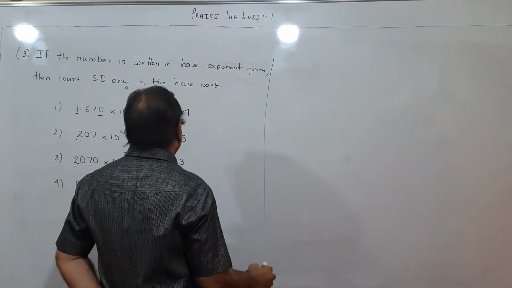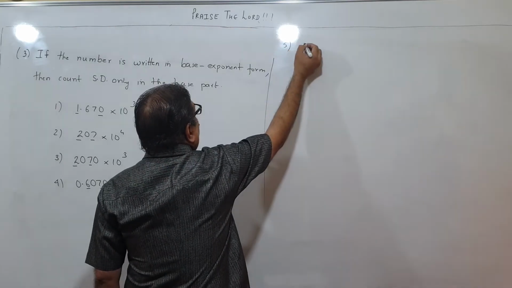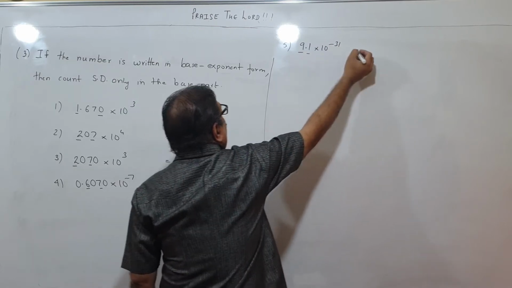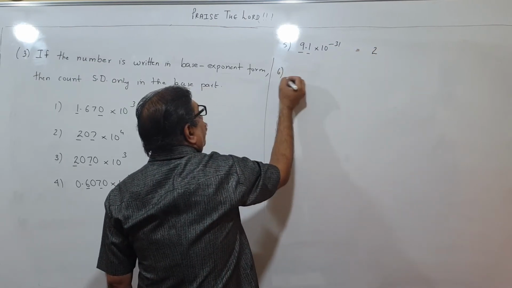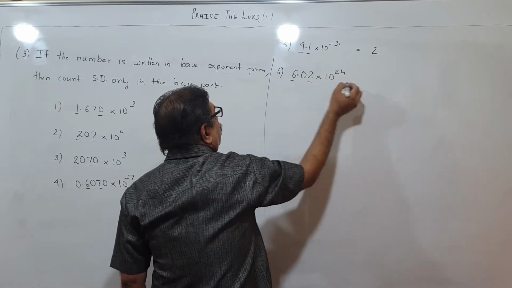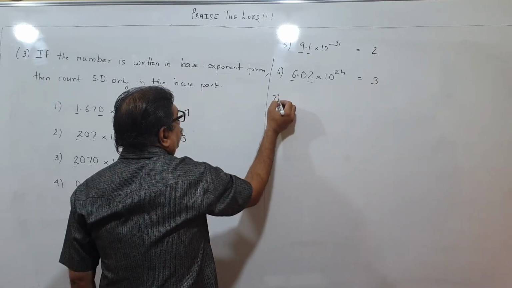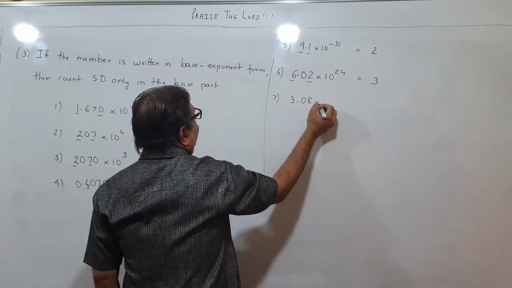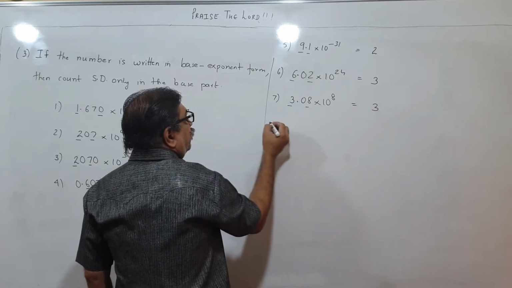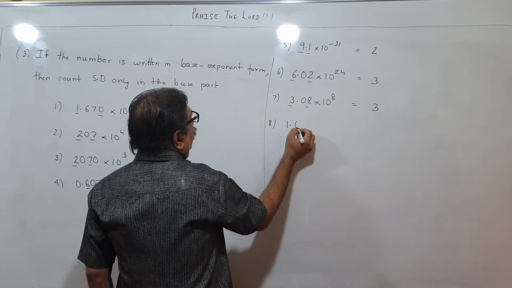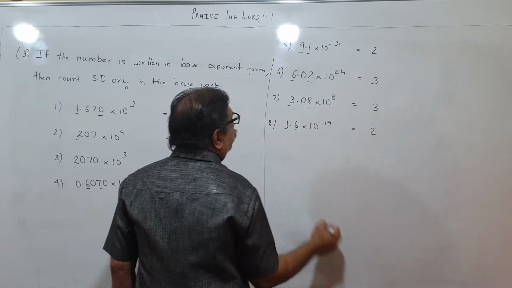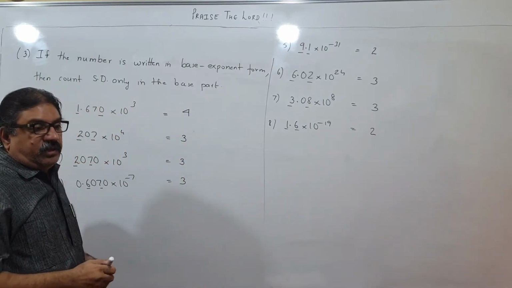If I am having a number like 9.1 into 10 raised to minus 31, from here to here, 2 significant digits. 6.02 into 10 raised to 24, from here to here, 3. 3.08 into 10 raised to 8, from here to here, that will be 3. Forget about the exponent, children, that is what I am telling you. 1.6 into 10 raised to minus 19, from here to here, that will be 2. Like this you have to think.